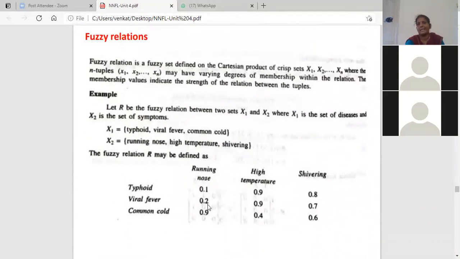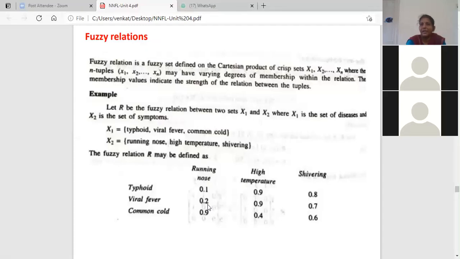So next, fuzzy relation. Fuzzy relation is a fuzzy set defined on the Cartesian product of crisp sets which are having varying degrees of membership within the relation. So already in our last class we have learned relations and operations performed on relations.